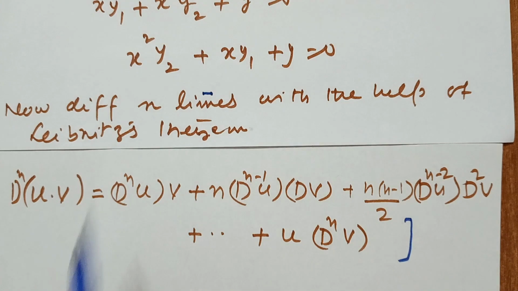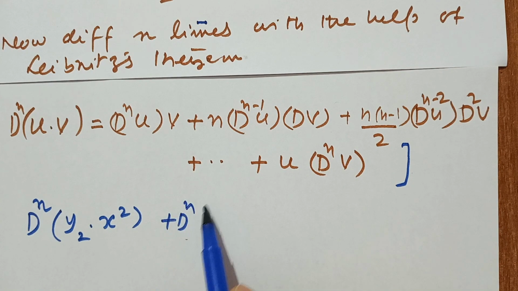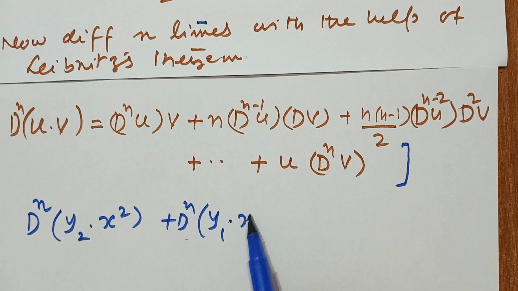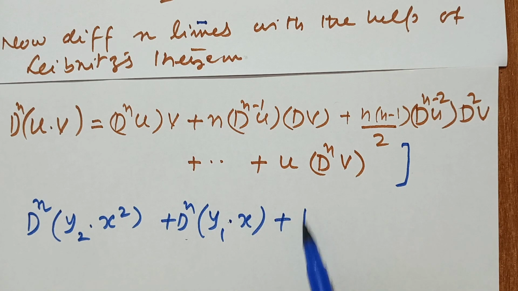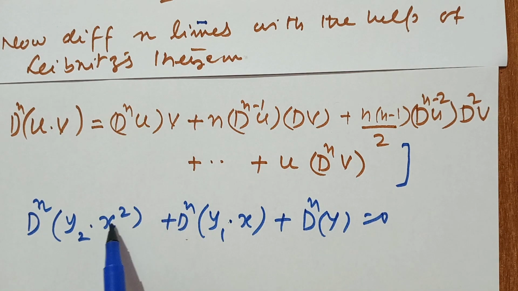Here d^n(uv) means y2 into x square plus d^n y1 into x plus d^n y.